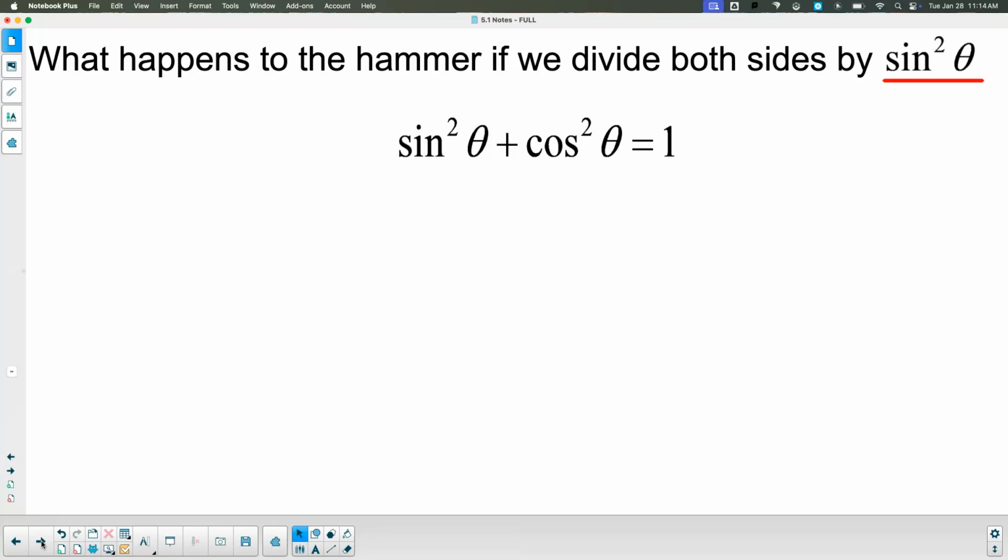So let's take the hammer. Sine squared plus cosine squared equals 1. And let's divide both sides by sine squared. Now, if I divide both sides by sine squared, what I'm really doing is dividing each and every term by sine squared of theta.